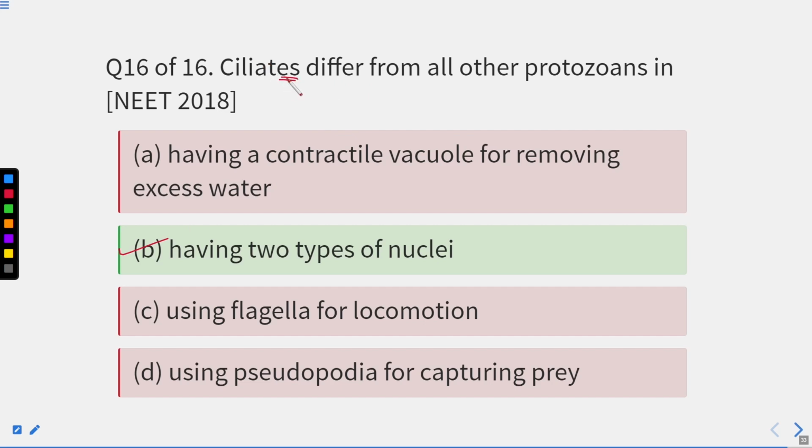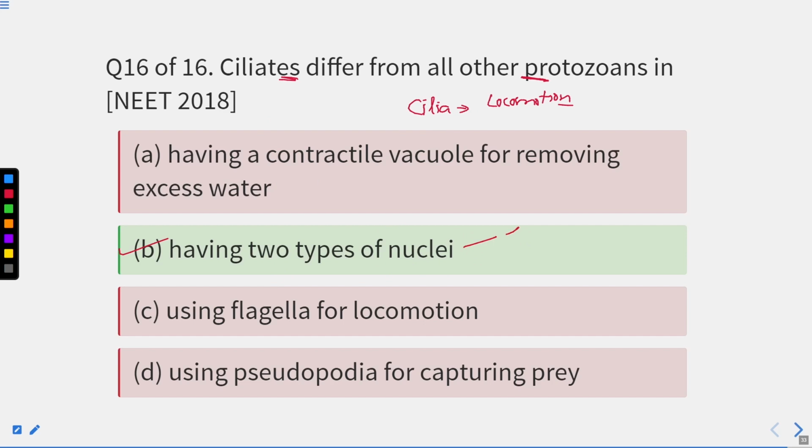So what are ciliates? Ciliates are a group of protozoans that have cilia. Cilia are the locomotory organs, which help in locomotion. Now how are these ciliates different from the rest of the protozoans? By having two types of nuclei.